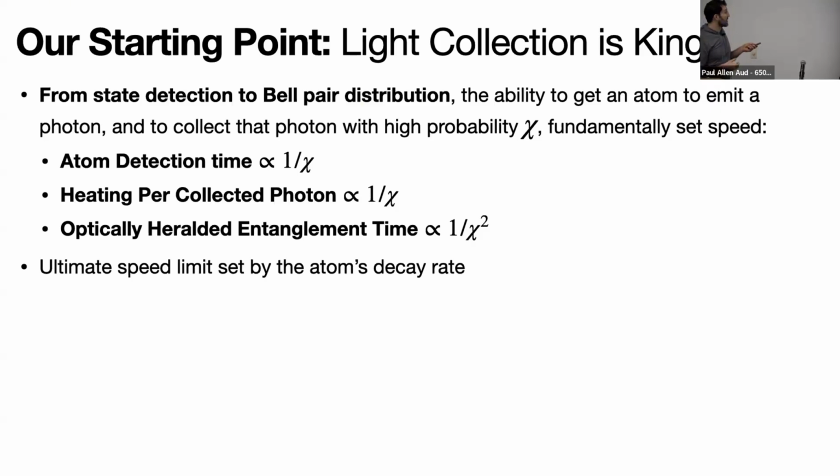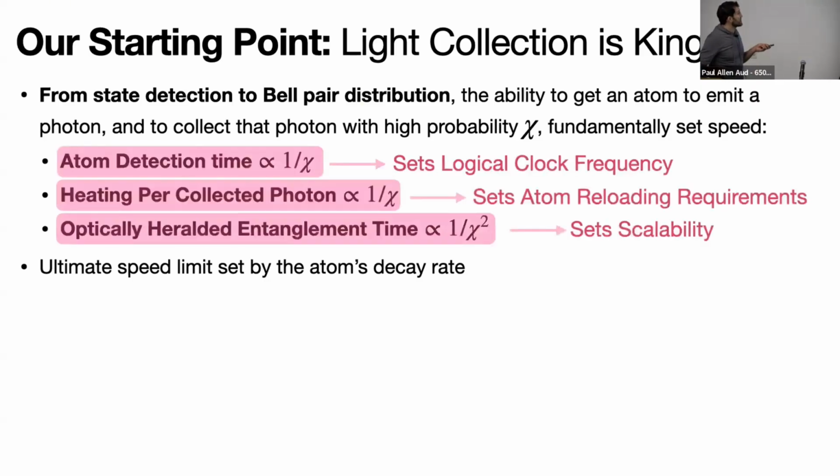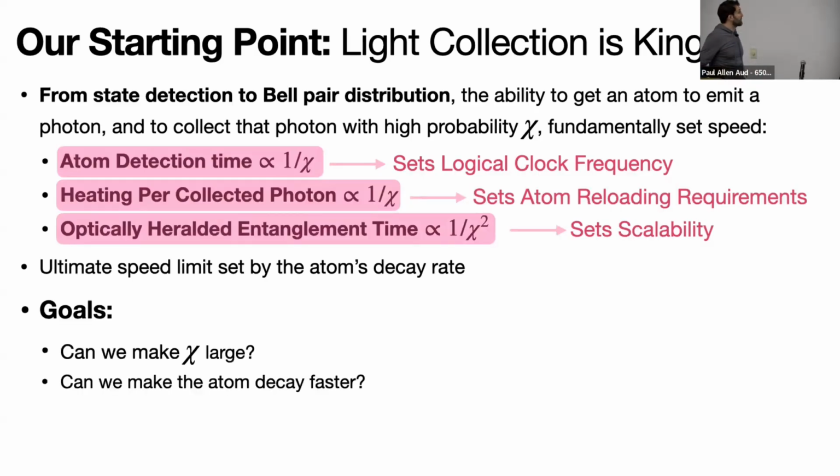And our entanglement generation rate scales inverse quadratically with that efficiency. And so if you want to do quantum many-body physics, quantum computing, any of these things, you really care about those numbers. Of course, there's an overall prefactor, which is set by how quickly my atom decays. But of course, cavities can also improve that.